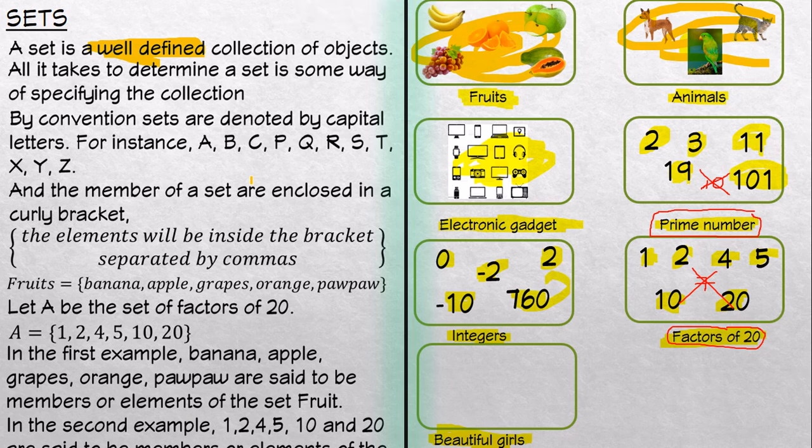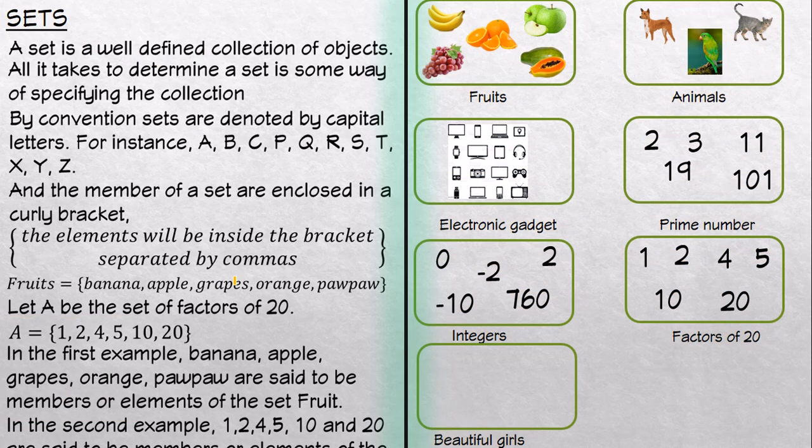By convention, in mathematics, we use capital letters to represent sets. So in labeling sets, we usually use capital letters. When we write down the members of a set, we write them in a curly bracket, right? We enclose them in a curly bracket. We don't use the normal bracket, but we use the curly bracket, and we separate each element in there with a comma.